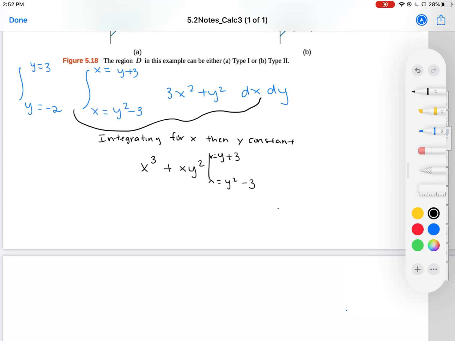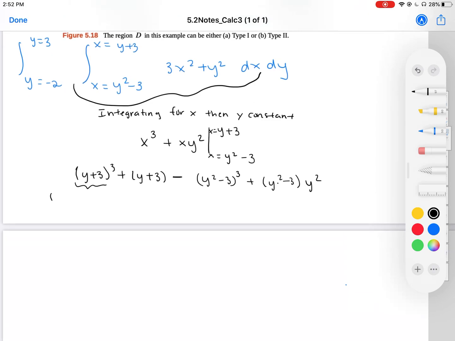So I'll help you set it up. So we're going to first plug in y plus 3 for x, so that I have y plus 3 cubed plus y plus 3 minus y squared minus 3 cubed plus y squared minus 3 y squared. And then we go ahead and we FOIL. We actually have to expand all this by FOILing it out and multiplying it in.